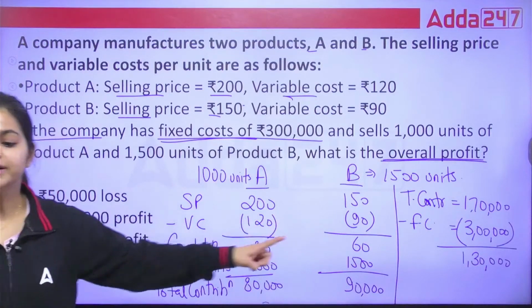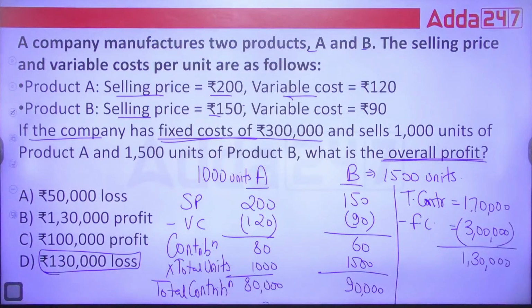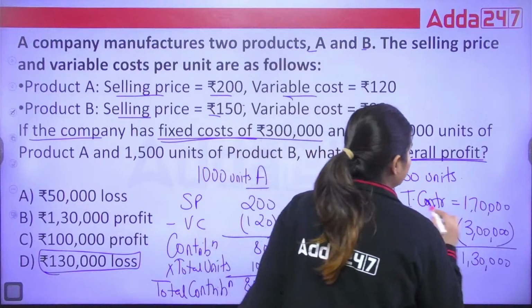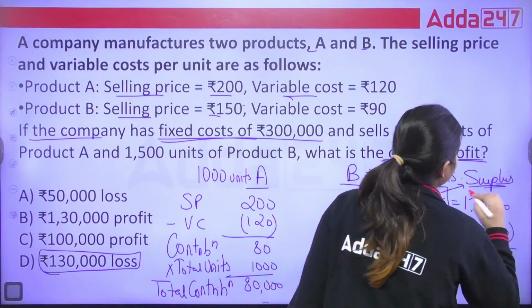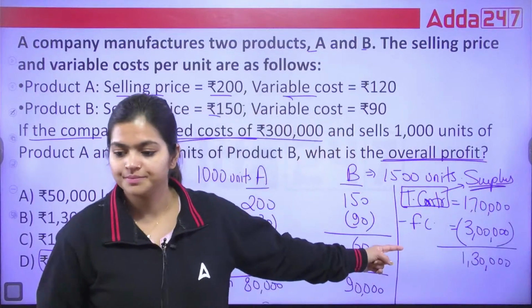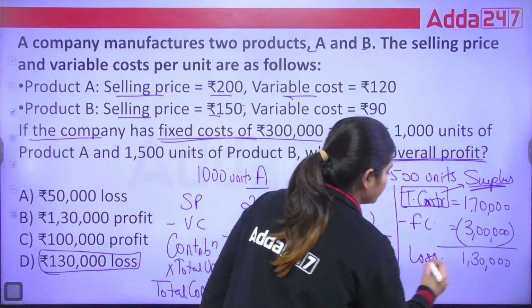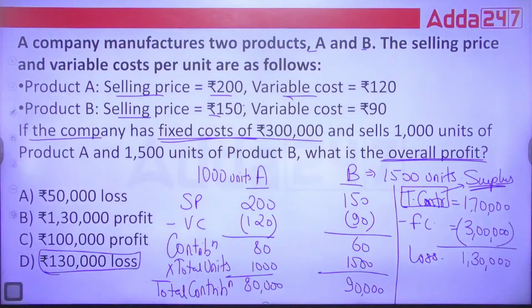This is your loss, because your contribution is your surplus amount, and your surplus amount is less than your fixed cost. So this is your loss situation. So the correct option is option D.